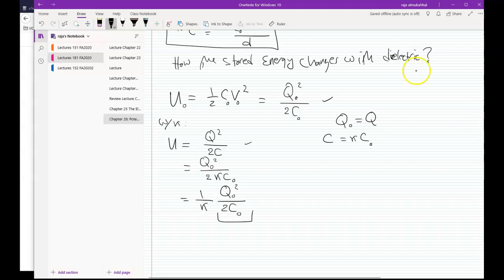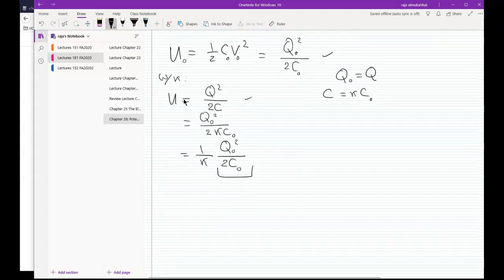That's nothing but the stored energy before I insert the dielectric. So in this case, U is equal to 1 over kappa U naught. Or I can say that U naught is equal to kappa U. So what happened here? Remember, kappa is greater than 1. So the stored energy decreases. Make sense?